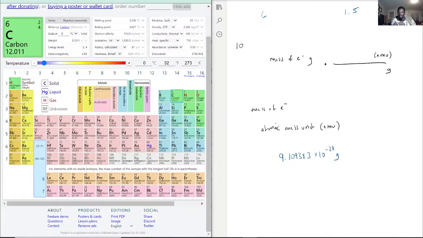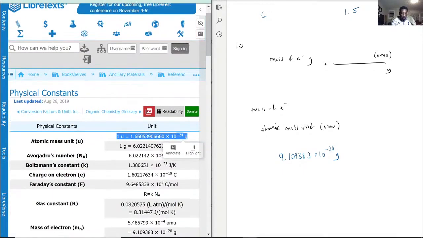They divided that by 12 in terms of the mass. For 1 carbon, they divided by 12 to be able to get that number. So the atomic mass unit, if you see here, 1.660539, is actually referring to 1/12 of a carbon molecule. So that's just a fun fact, but point being is that we do need it.